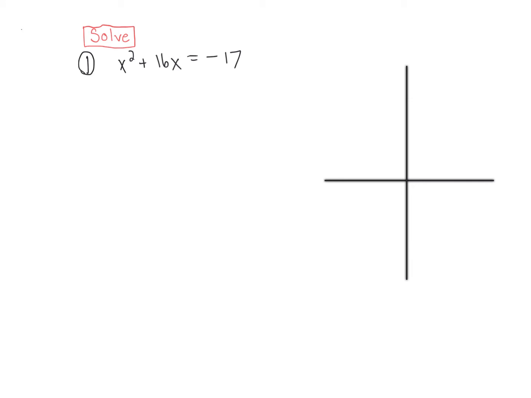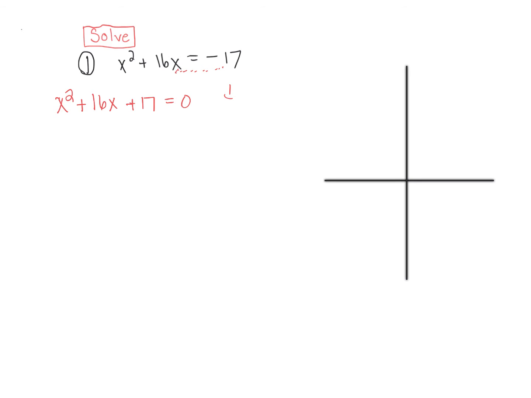Now, to be able to solve this, my first step is to set this equation equal to 0. So the x squared is going to stay on the left side of the equation. The 16x will stay on the left side of the equation. But then this -17 is going to have to come to the other side, and when it does, it becomes a +17 equal to 0.